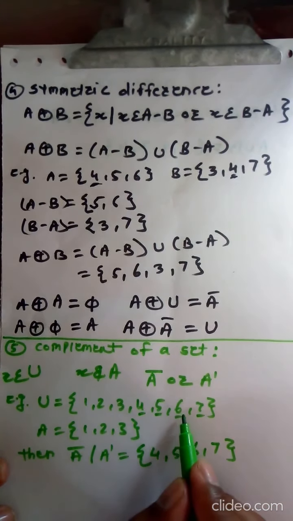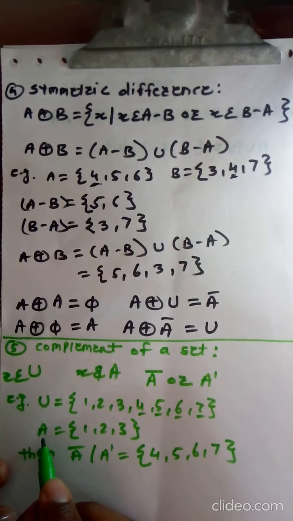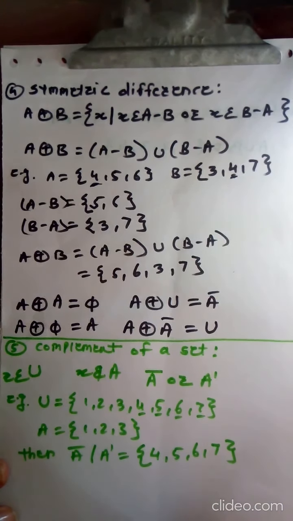So these are the elements which belong to the universal set but do not belong to set A. This is the complement of a set.